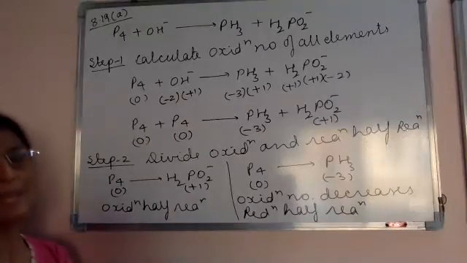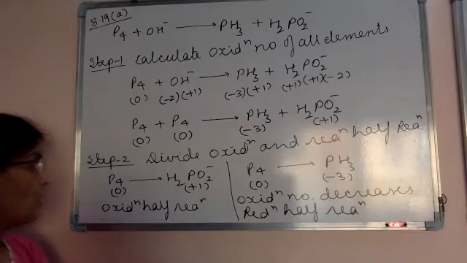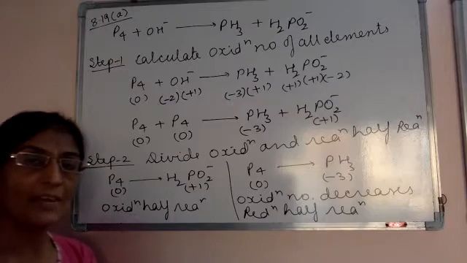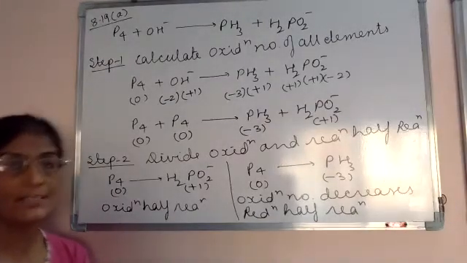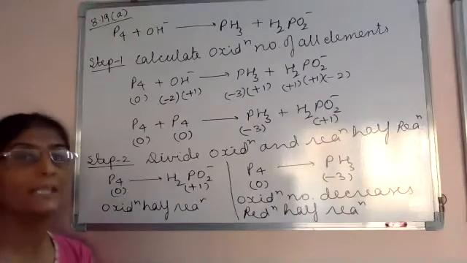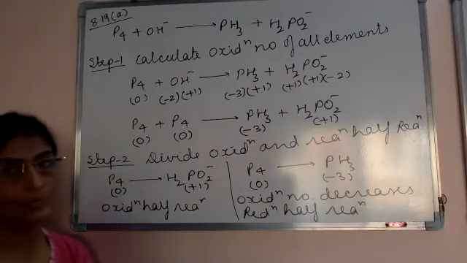Because the name is half reaction method, we have to make it into 2 halves. First, oxidation half reaction, then reduction half reaction. In oxidation half reaction, oxidation number increases, obvious. And in reduction half reaction, oxidation number decreases. So we have divided it into 2.